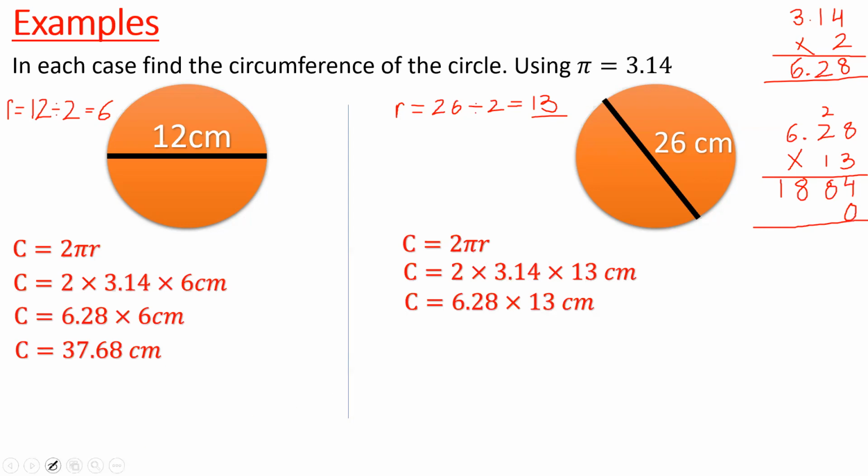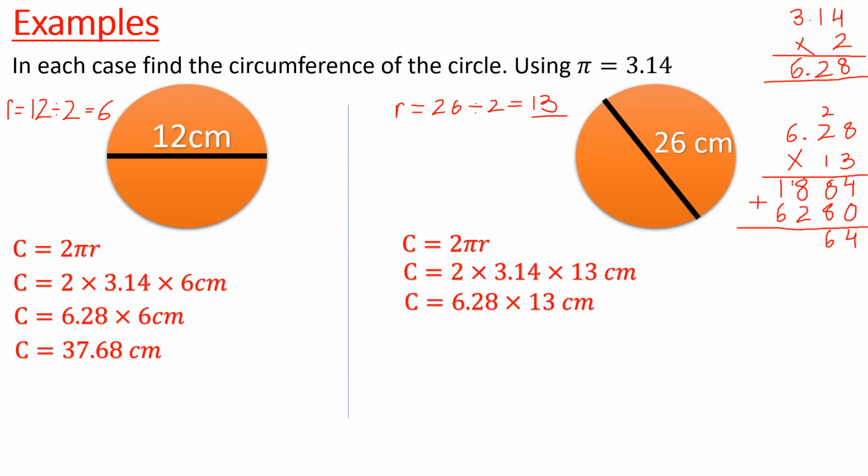Now we have to multiply everything by 1. What is 1 times 8? 8. And 1 times 2 is 2. And then 1 times 6 is 6. And then we have to add. 4 plus 0 is 4. 8 plus 8 is 16.